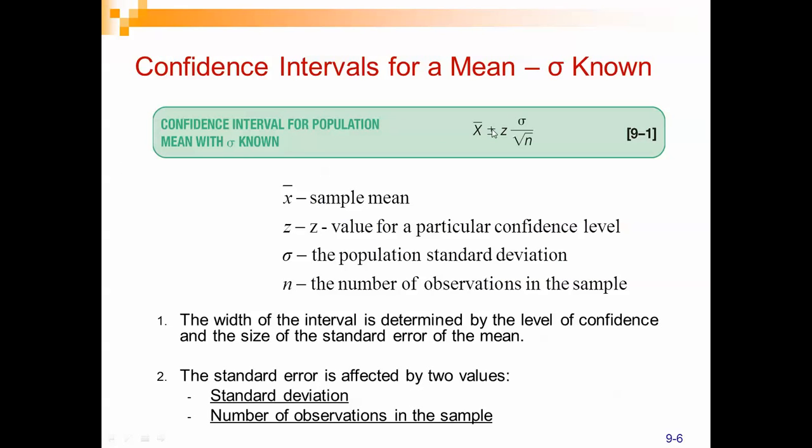And then what we're doing is we're adding this formula to that x bar, and we're also subtracting this formula from the x bar. So let's say our x bar is equal to 5, and this value turns out to be 2. So we'll have the x bar minus this value of 2. So 5 minus 2 would give us a point over here of 3.